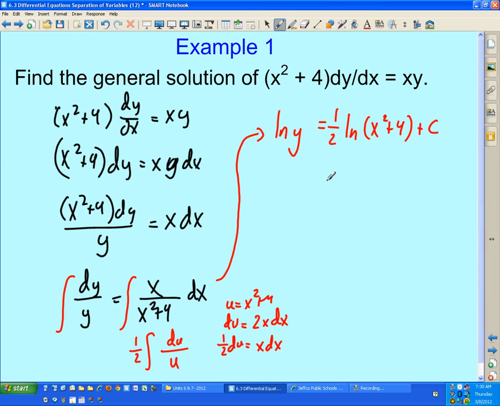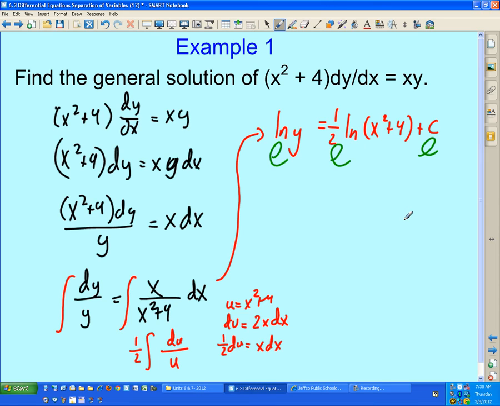Now this would be nice if this was my general solution, but we are almost there. We just need to get rid of the natural log, because a general solution, if you remember, is y equals. In order to get rid of the ln, our opposite operation for ln is to make it the power of e, and that's what I will do across the equal sign.